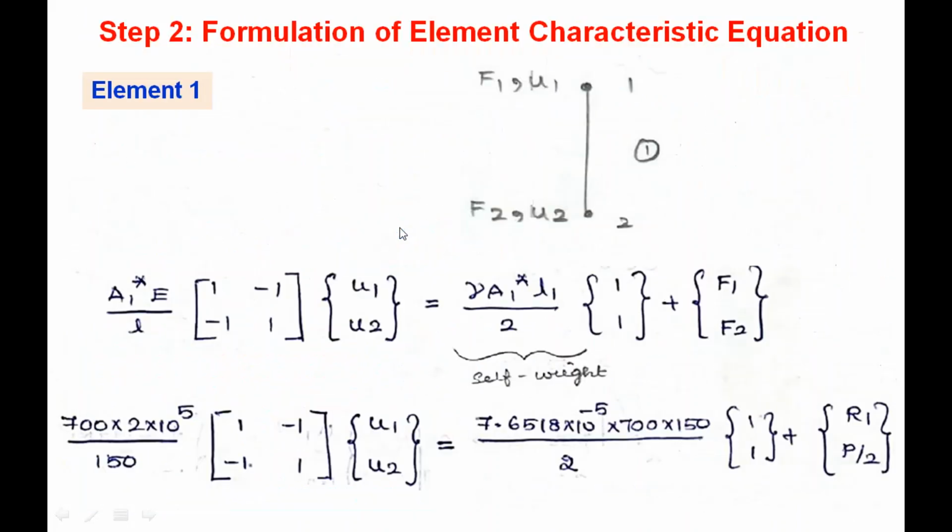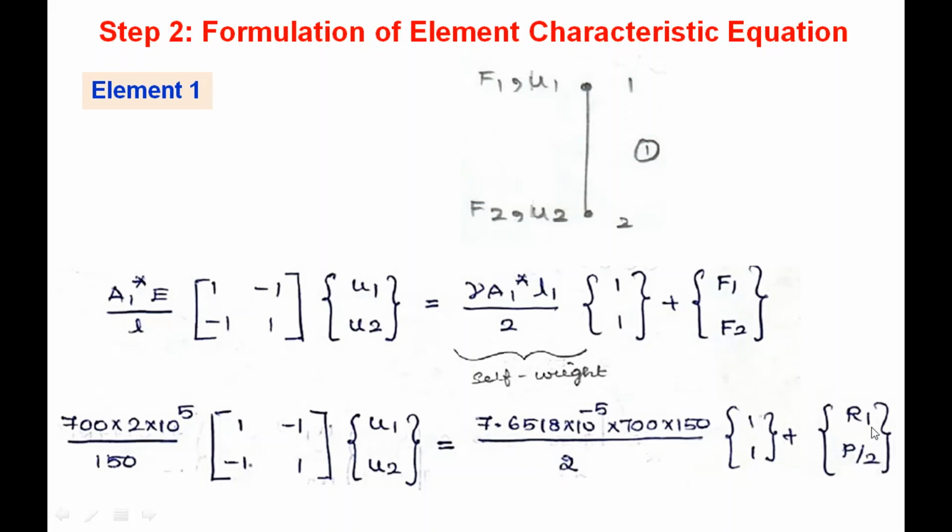But A1 star and L1 are in mm, so we are converting the unit into Newton per mm cube. That is why we are getting this 10 power minus 5. So 7.6518 into 10 to the power minus 5. This is weight density in Newton per mm cube.